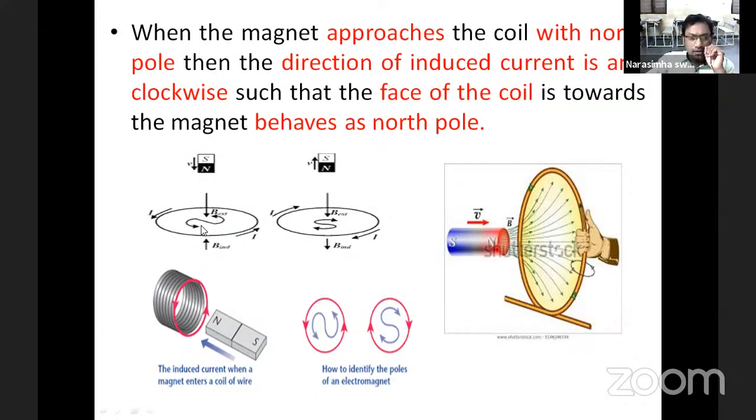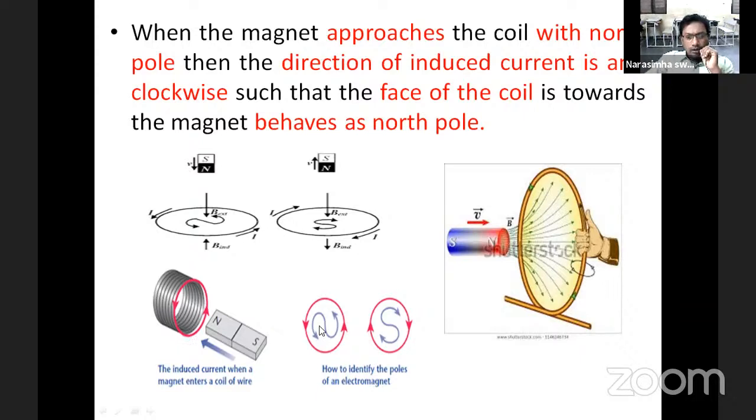If you observe, the symbol N is given here and S here, which you can see very clearly. So when the north pole of the magnet is approaching the coil, the induced current is in the anti-clockwise direction. When the magnet enters the coil of wire, it is in the anti-clockwise direction.